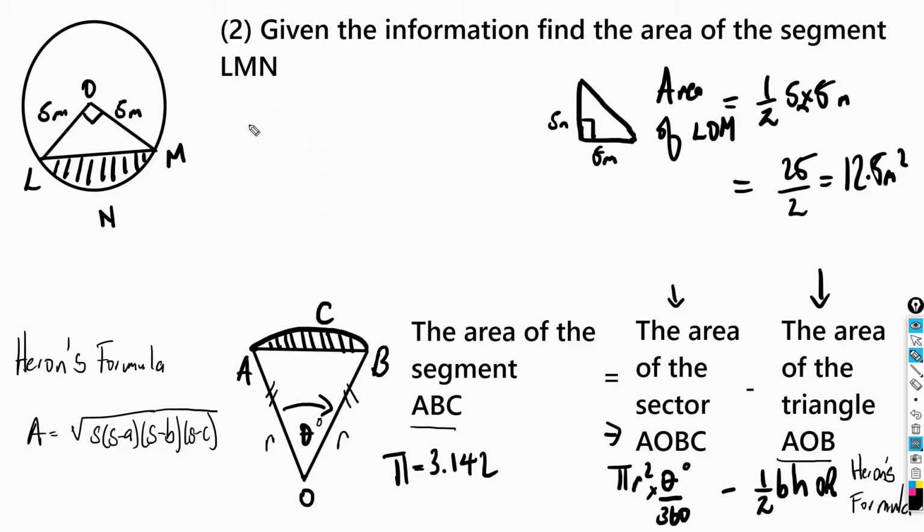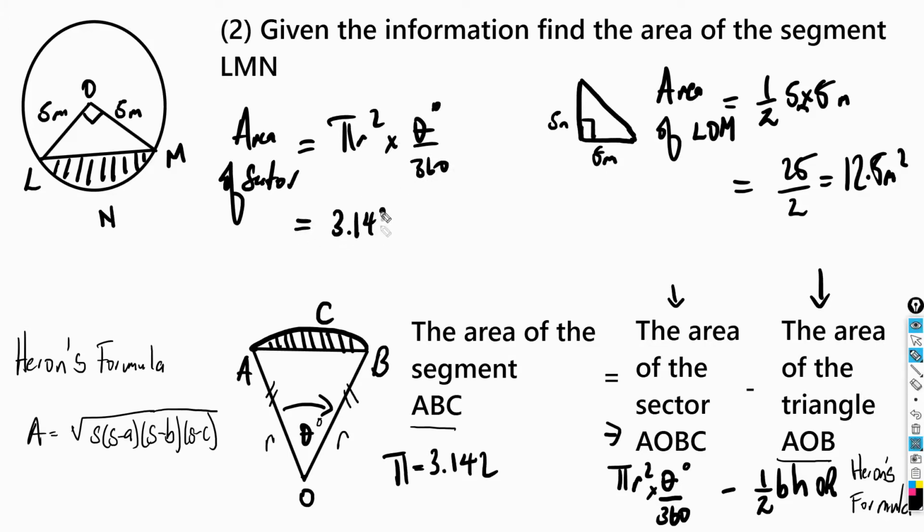To find the area of the sector, this should be equal to pi r squared times theta over 360. So that is equal to 3.142 multiplied by 5 squared, multiplied by 90 degrees over 360, because it's 90 degrees in that angle there.